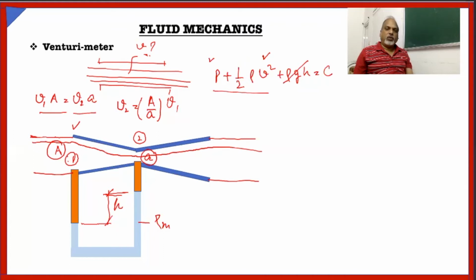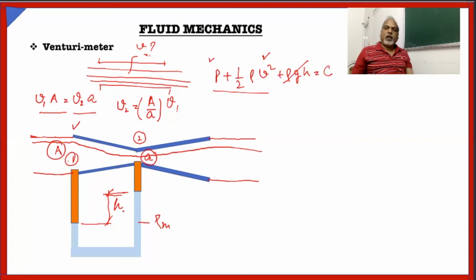And due to this, what will it do? It will apply the pressure in the manometer, and due to this pressure, at point 1, pressure is more. So this liquid will rise like this. And suppose this height is h.